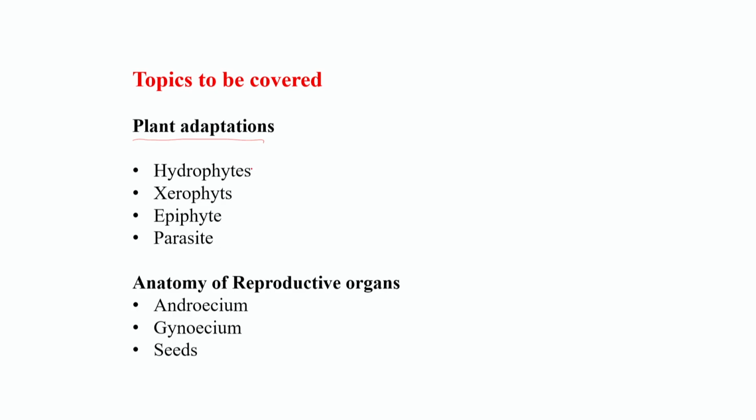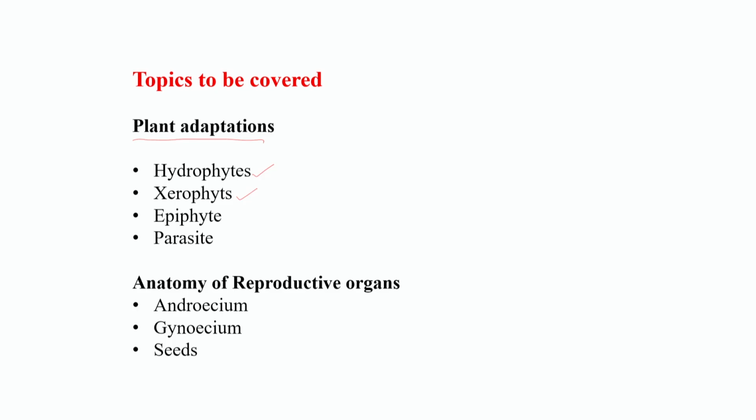We will try to understand the adaptations brought about in hydrophytes, those plants which live in water, or which are surrounded by water. Then we will talk about xerophytes, the plants growing in very low water conditions, particularly in deserts.